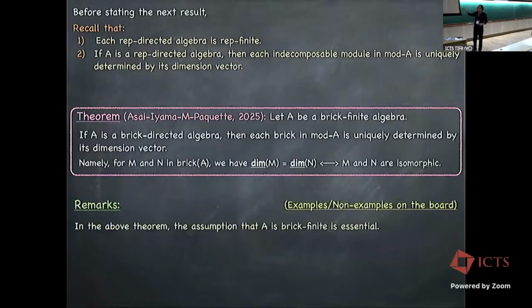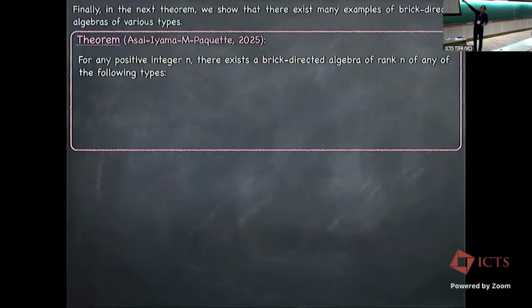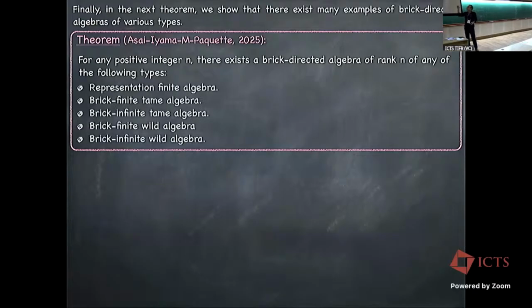And then to finish, I have examples. I finish with this kind of big theorem. It says, if you take any positive integer n, you can construct explicitly, via the construction that we have given in the paper, an algebra which is brick-directed of rank n of any of these types: representation finite algebra brick-directed of rank n, brick finite tame algebra of rank n, brick infinite tame algebra of rank n, brick finite wild algebra.